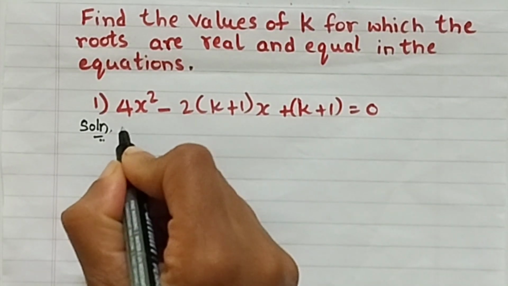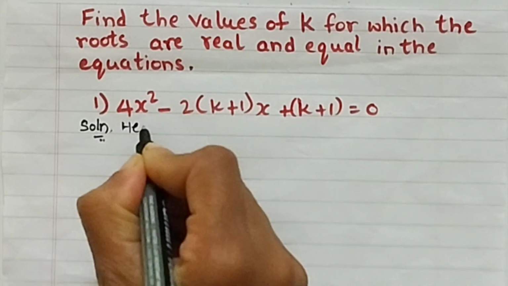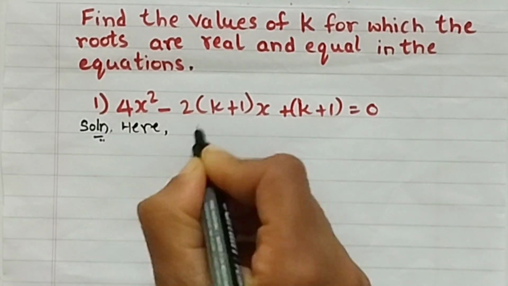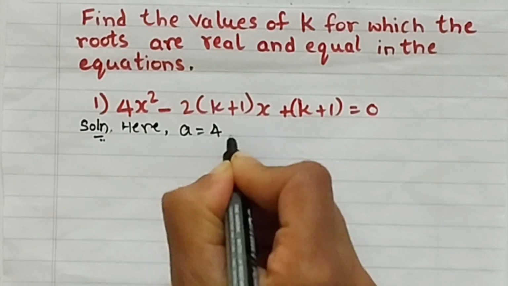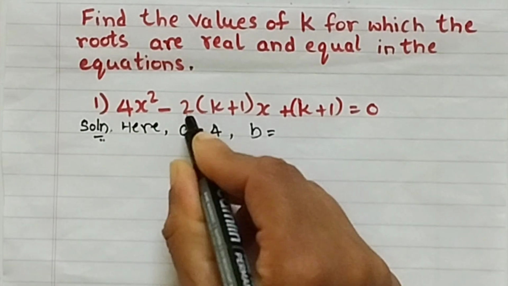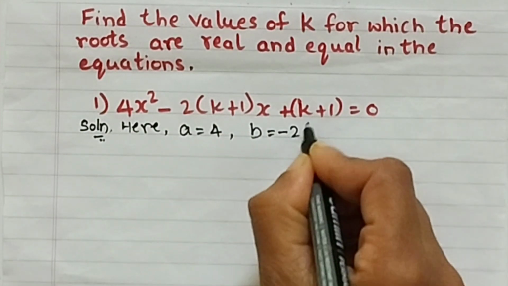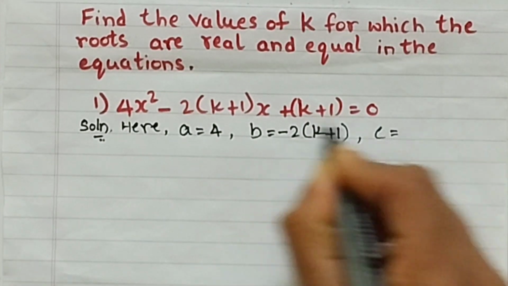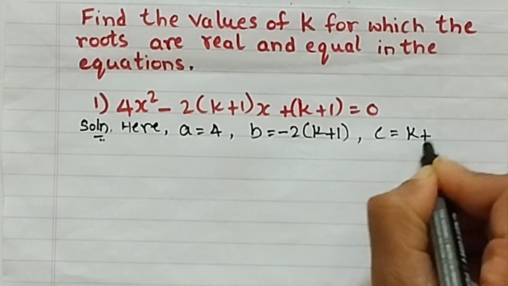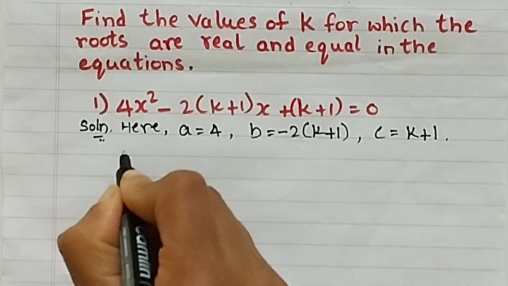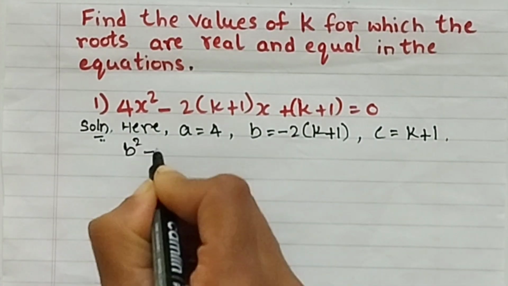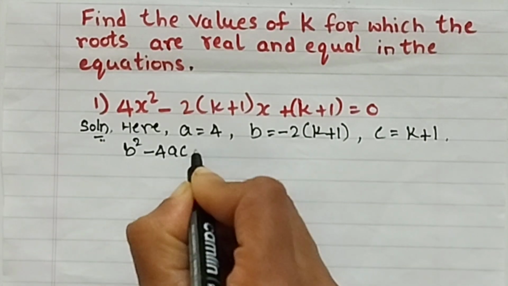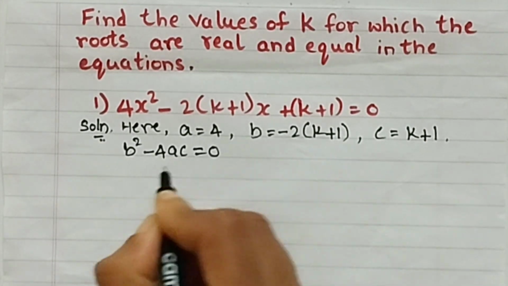Then here a is equal to 4, b is equal to minus 2(k+1) and c is equal to k plus 1. Discriminant b square minus 4ac is equal to 0.